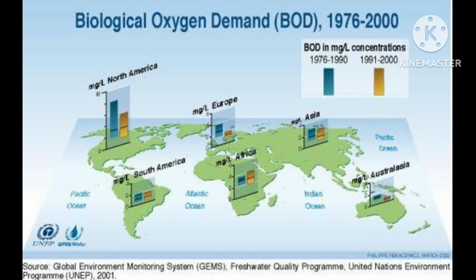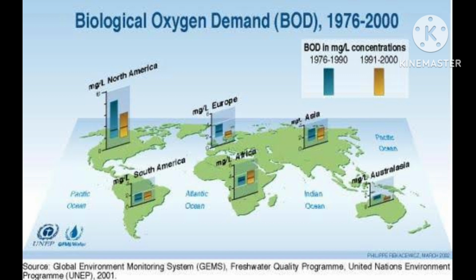A faster method of determining the amount of oxygen required to oxidize both the biologically oxidizable and biologically non-oxidizable organic and inorganic waste is by evaluating the chemical oxygen demand.